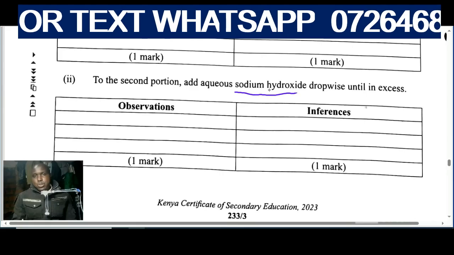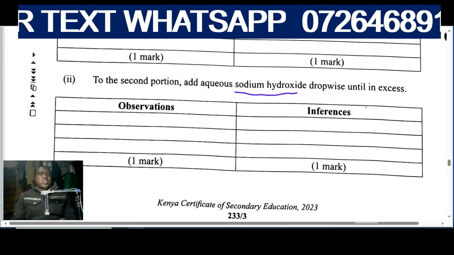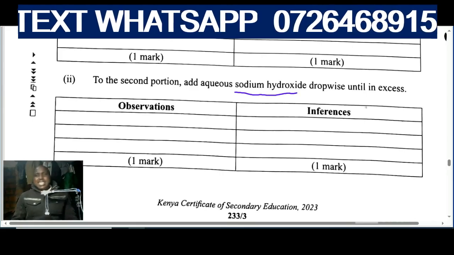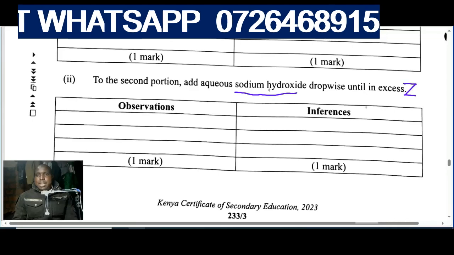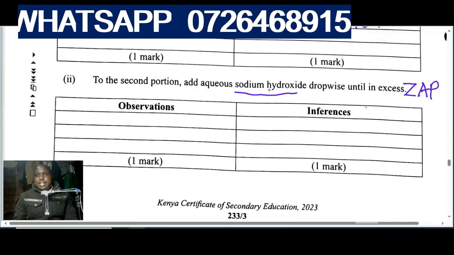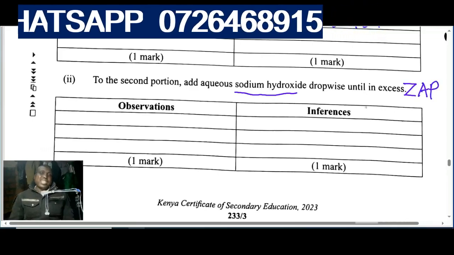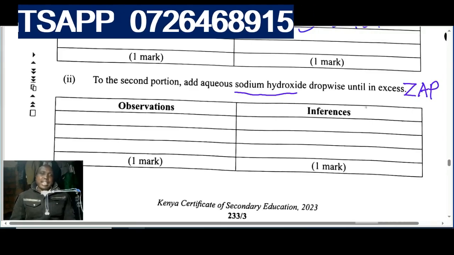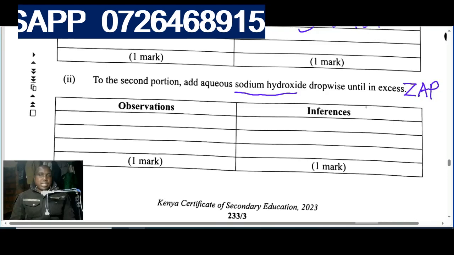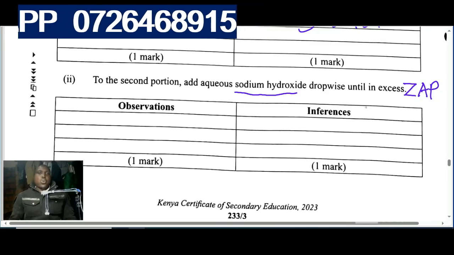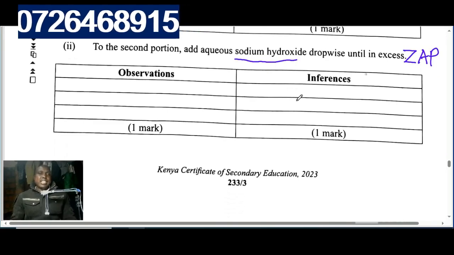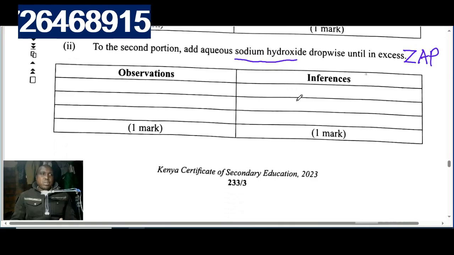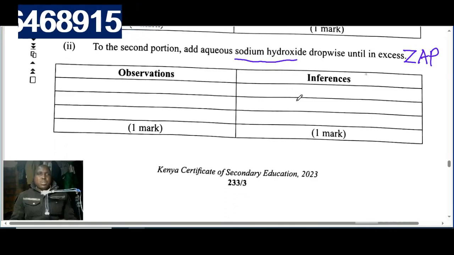You will find it here, sodium hydroxide solution. Whenever you are adding sodium hydroxide dropwise until in excess, we expect ZAB, which are the amphoteric oxides: zinc, aluminium, and lead. So when you put sodium hydroxide dropwise until in excess, we expect a white precipitate to be formed.